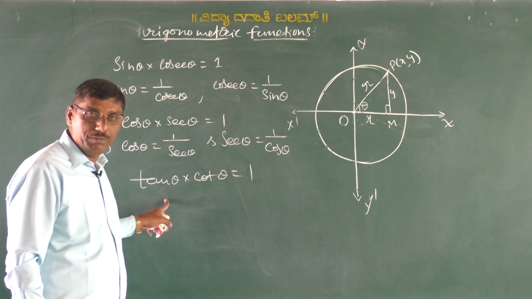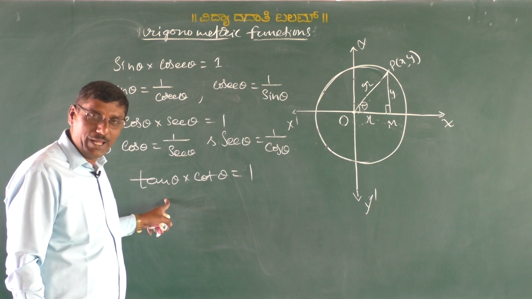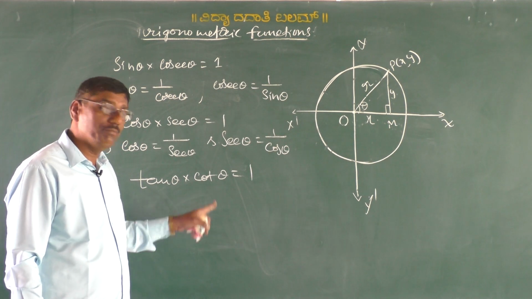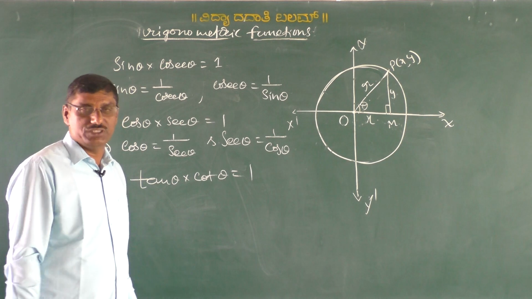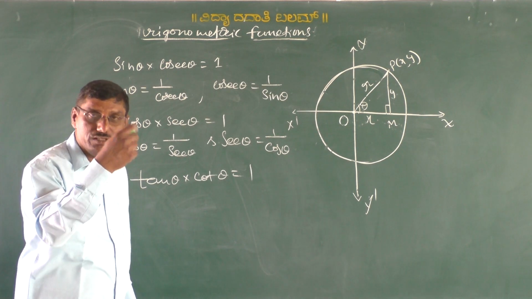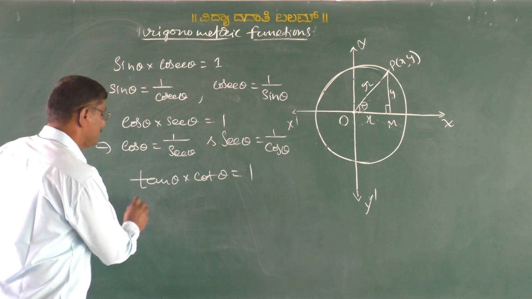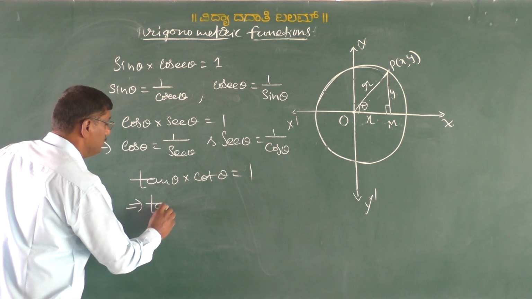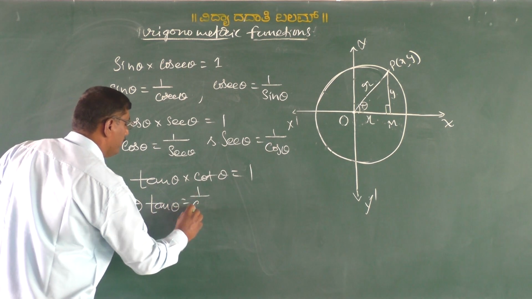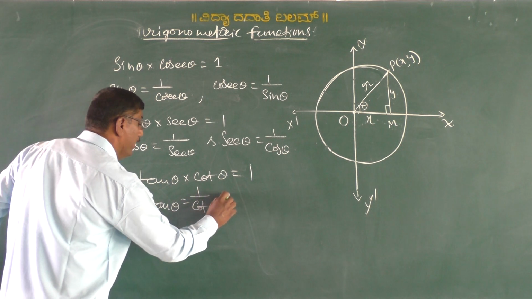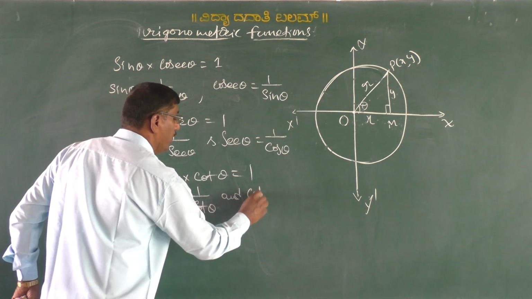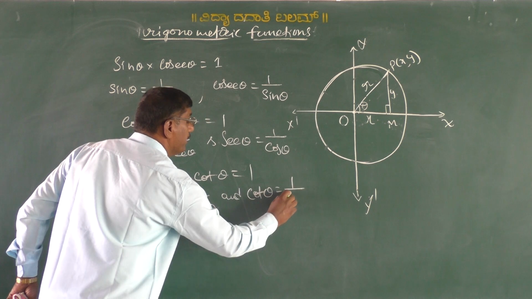How? Tan theta means opposite by adjacent, and cot means adjacent by opposite. They cancel, and we get 1. From this, we can write tan theta is equal to 1 by cot theta, and cot theta is equal to 1 by tan theta.